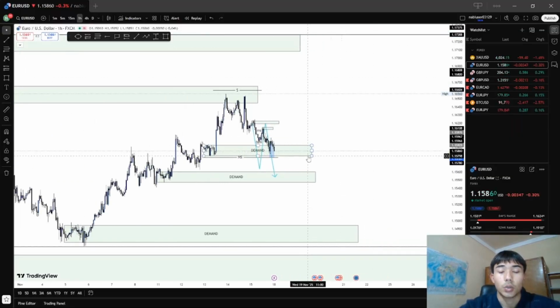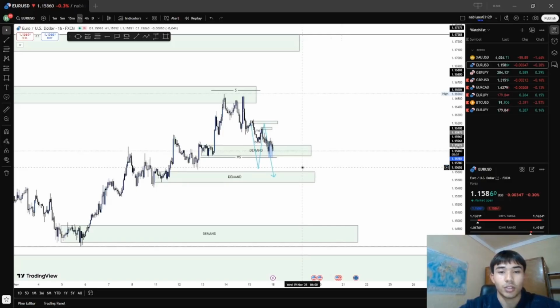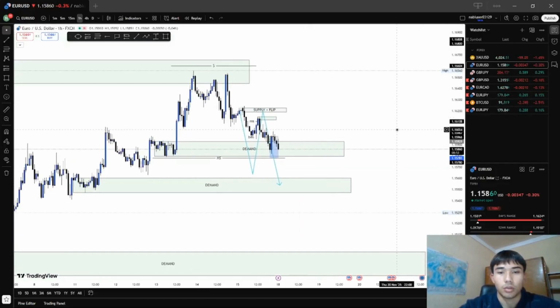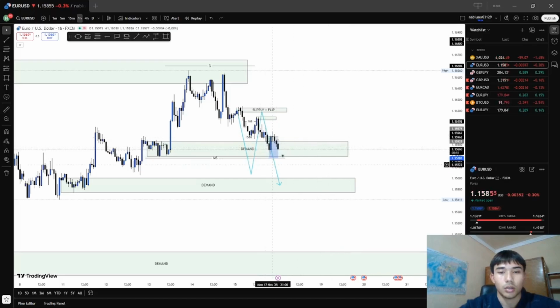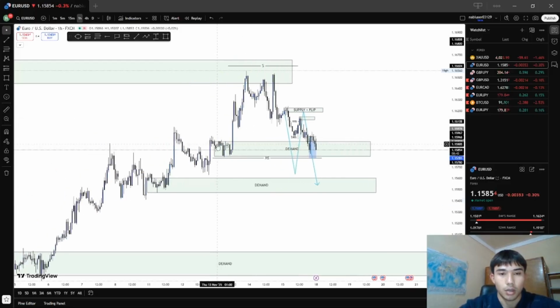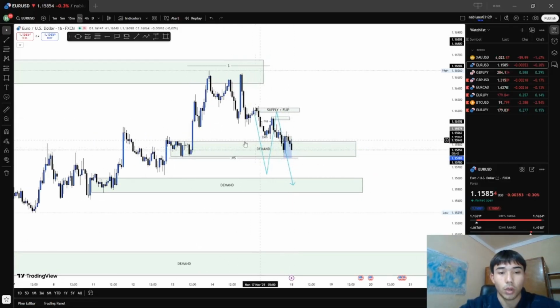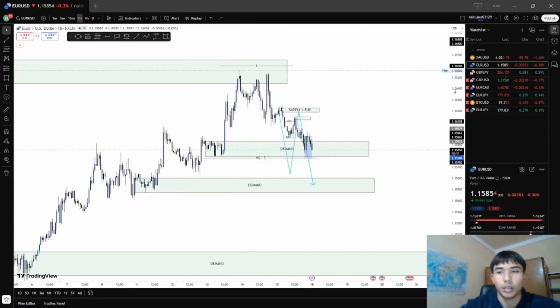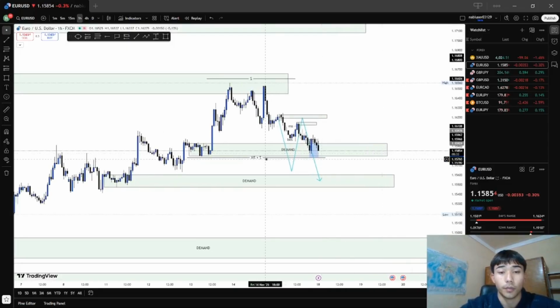So to really see if it's bearish, we have to see the price go down, creating this really good market share or liquidity sweep. I'm just gonna put a dollar sign, which means liquidity sweep.